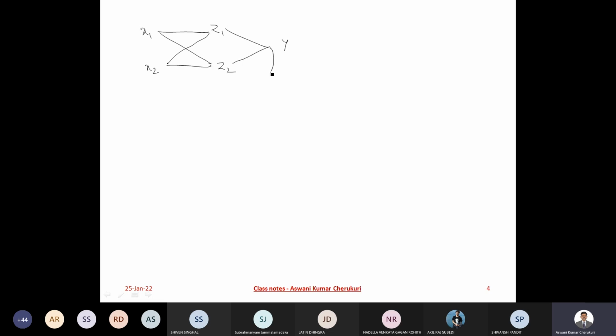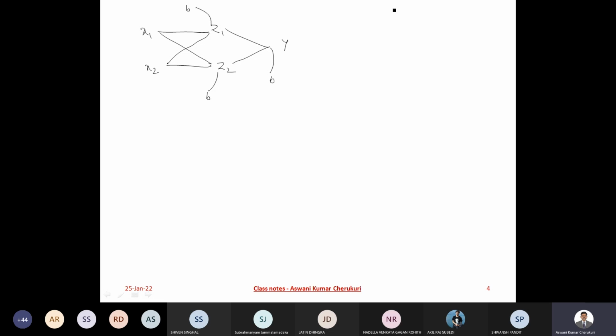In practice, you may be having larger networks. We have already done the net inputs, net z1, net z2, then f net z1, f net z2, then net y, f net y. All this is done. So now we are focusing on the error term calculation.